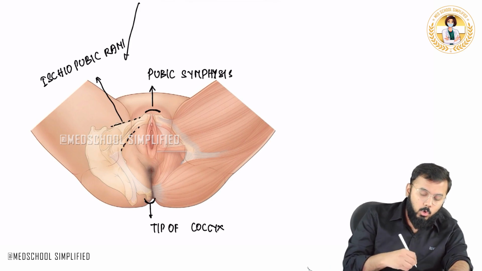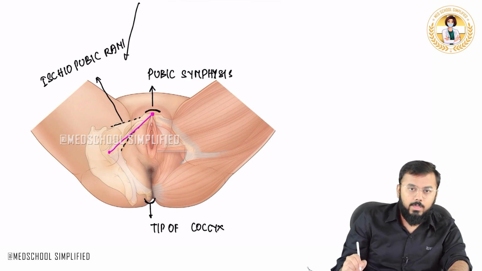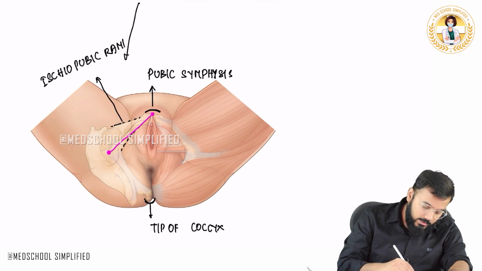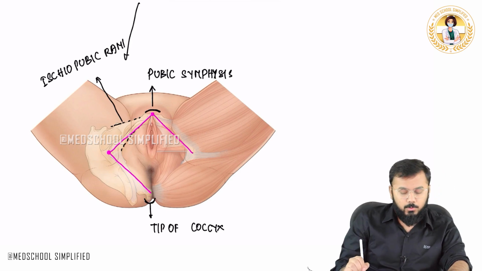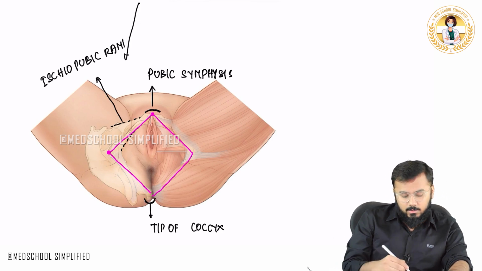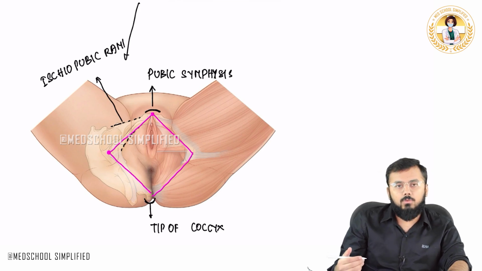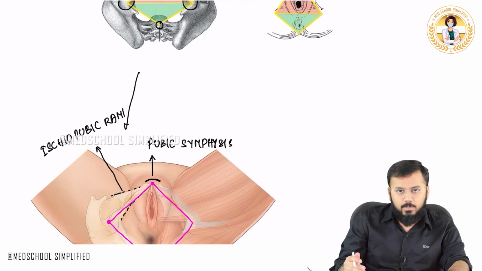If I join the pubic symphysis down to the ischiopubic rami, from there to the tip of the coccyx, and from the other side likewise, this entire area within the box is called the perineum.